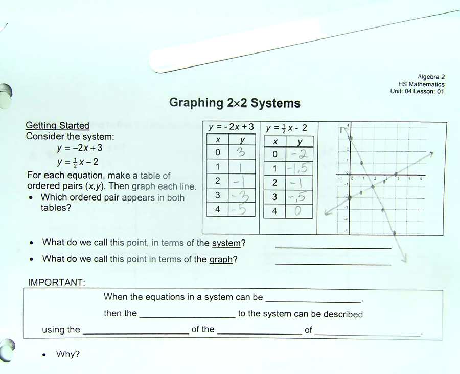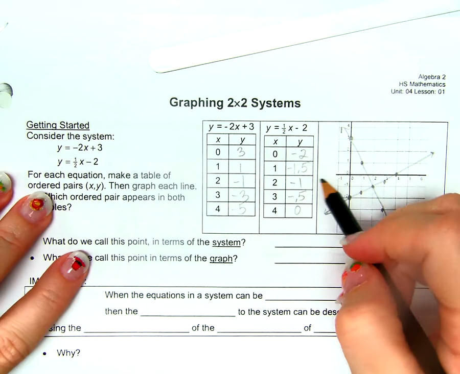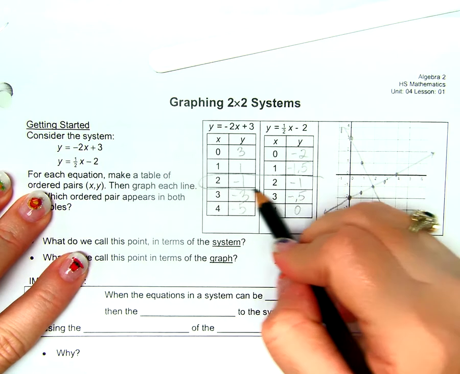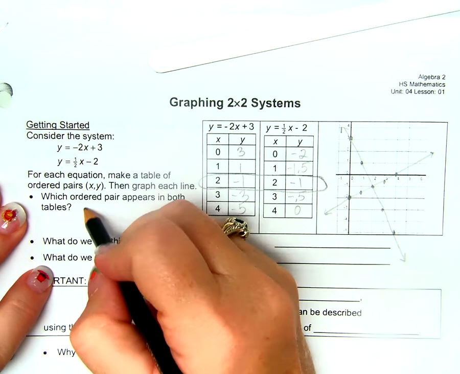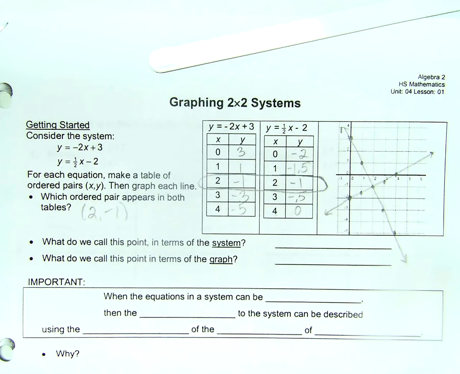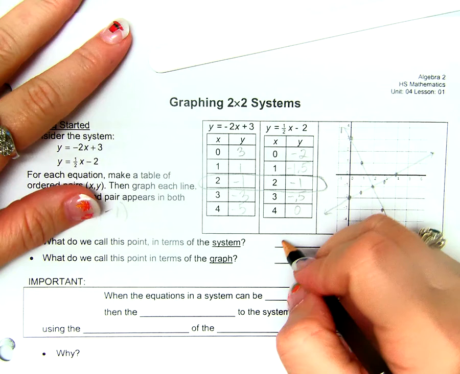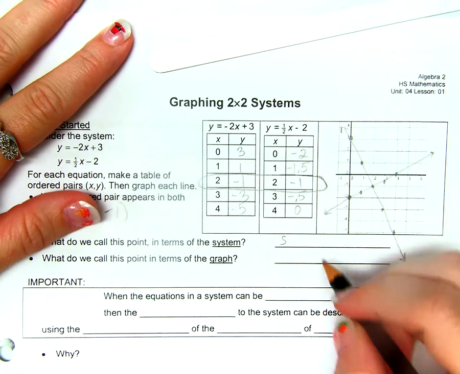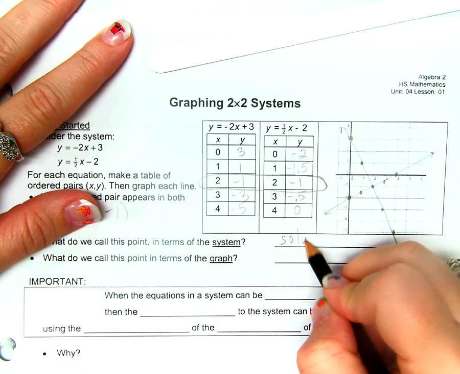Which ordered pair appears in both tables? Okay. What do we call this point in terms of the system? Solution.